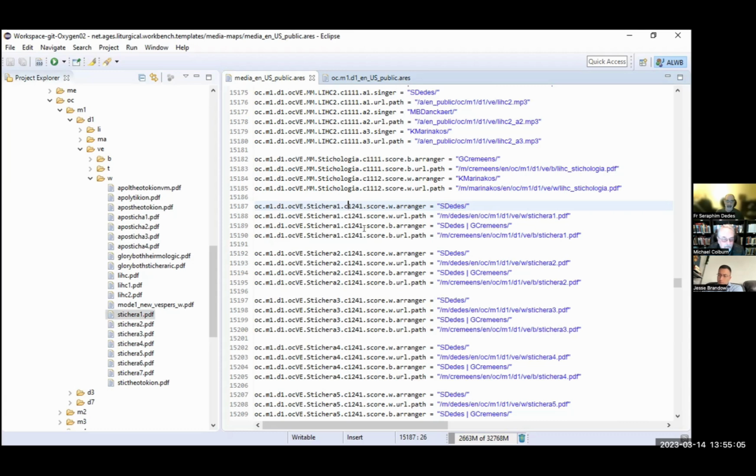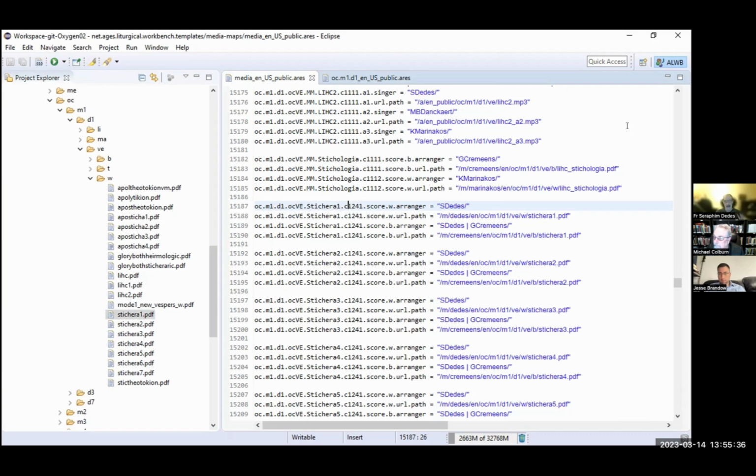So we devised a system where it's 4 digits, and the first digit, if it's 1, it means it is the one that is on the Digital Chant Stand. If someone provided us a text that was like Father Ephraim Lash's version of this hymn, and that's not what we were posting on the DCS, this 1 would be 2.